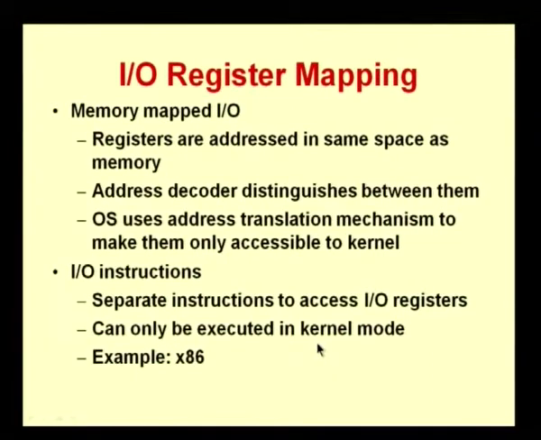These are the instructions we are referring to here. These special instructions can be used to access the input output devices. Of course, these instructions again can be executed only in kernel mode. Some processors like the x86 support this kind of separate instructions for IO. So, these are the two options that we have.